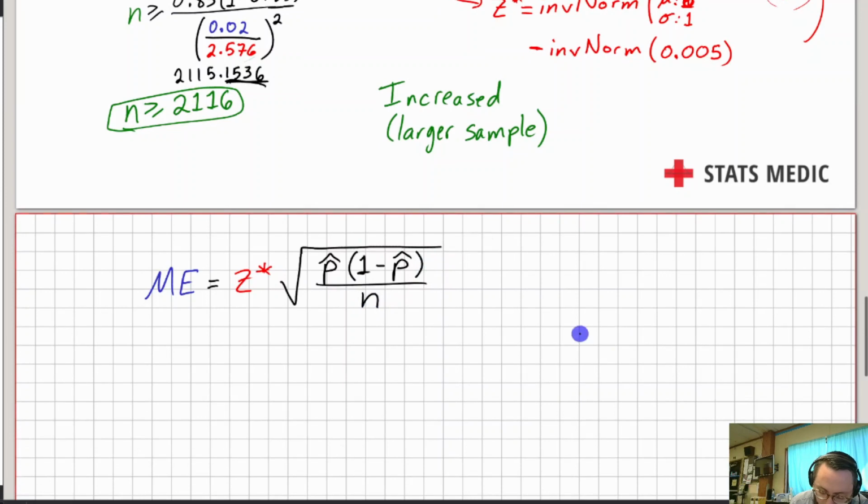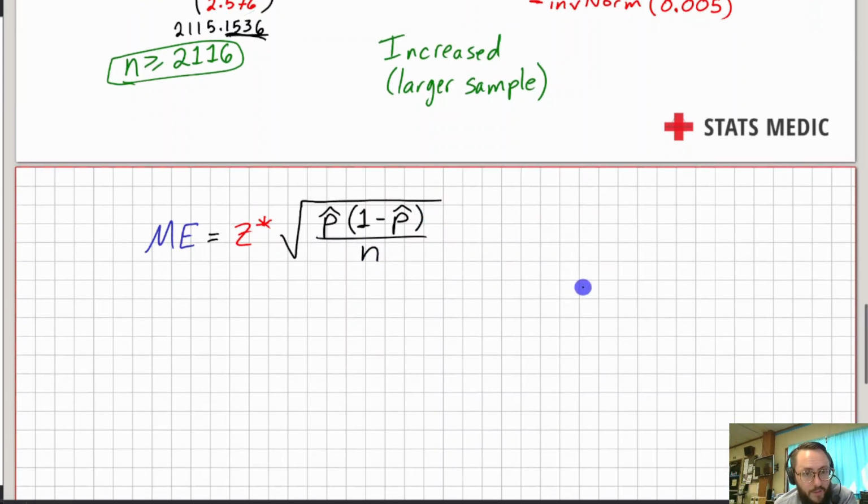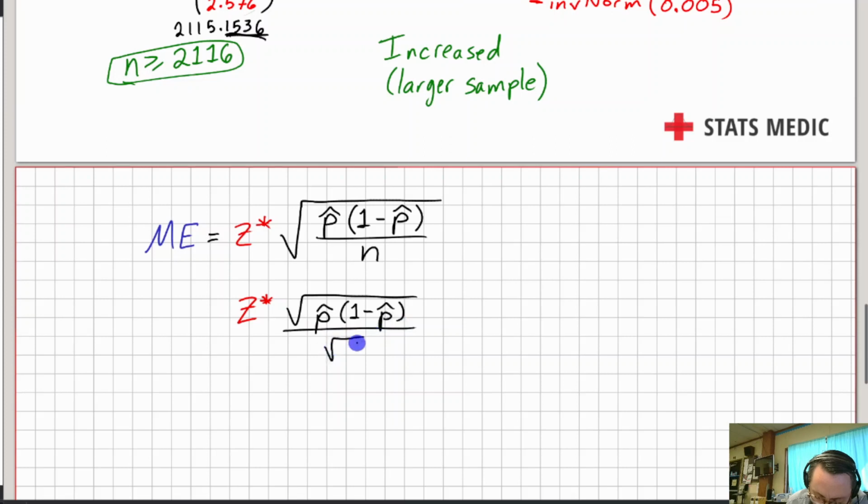If I rework this a little bit, I'm not going to change anything drastic. I'm going to separate out the square roots: z star times the square root of p hat times 1 minus p hat, divided by the square root of n. That's technically over 1.